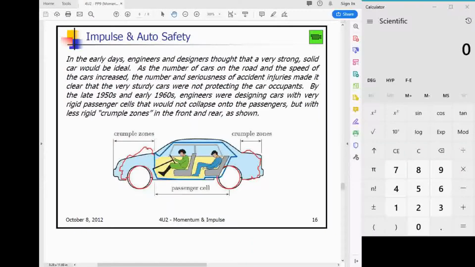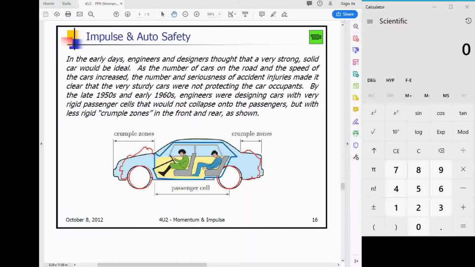This caused a very high impulse, which caused a high force, which caused our passengers to bounce around in the car, and things like the backs of seats and the steering wheel would hurt the drivers or the passengers inside the car.